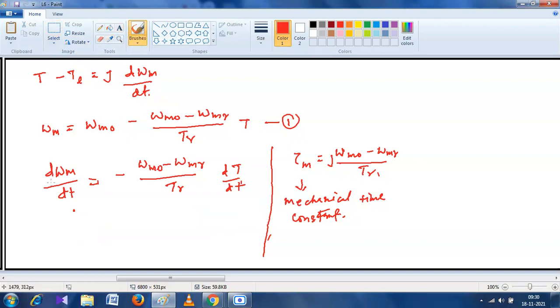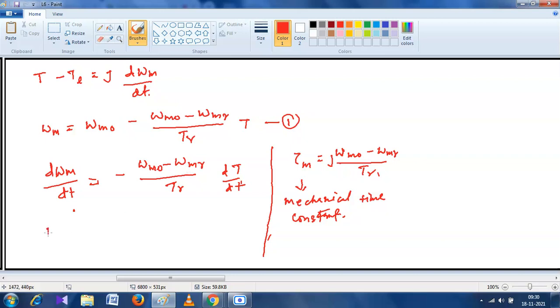First, after differentiating equation number 1, what do we get? d omega m upon dt equals minus omega m0 minus omega mr upon tr, dt upon dt. This is what we get after differentiating equation 1.